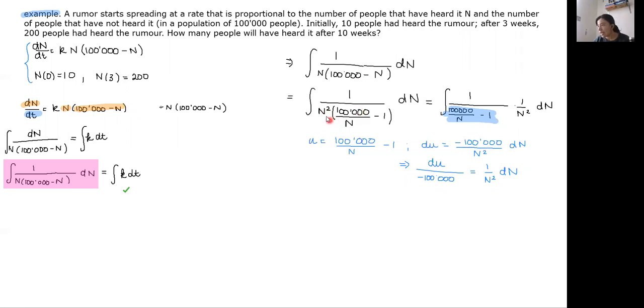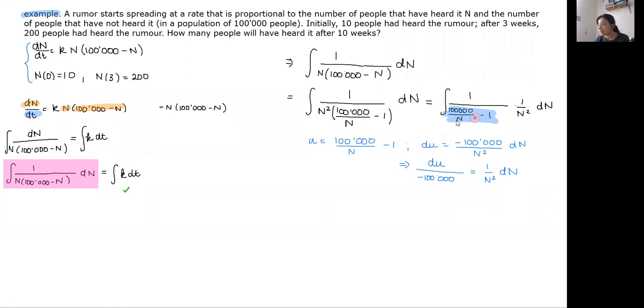All right, now I have 1 over n squared, and I have 100 over n minus 1. And what I did is just separating those two terms. What that allows us to do is that we have 1 over n squared dn over here, which seems to be very similar to the derivative of the new denominator that I have over here.